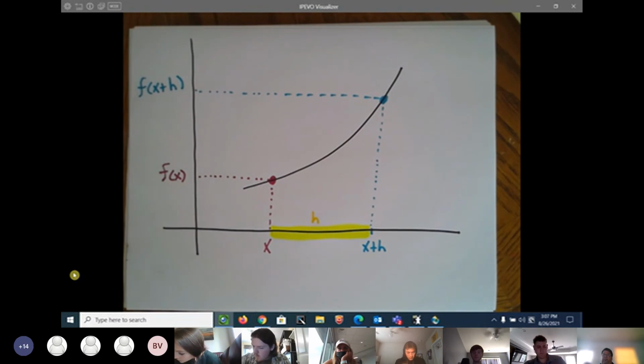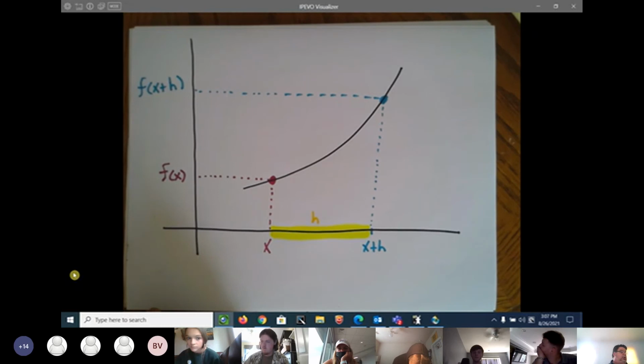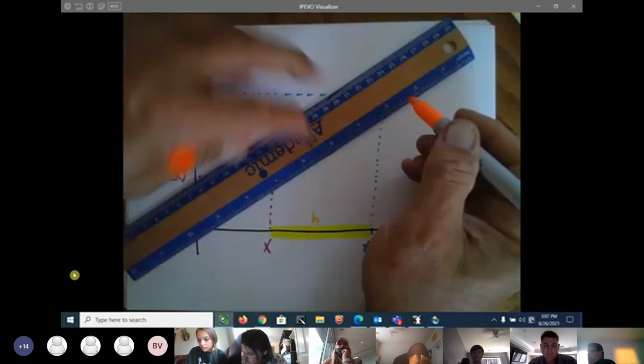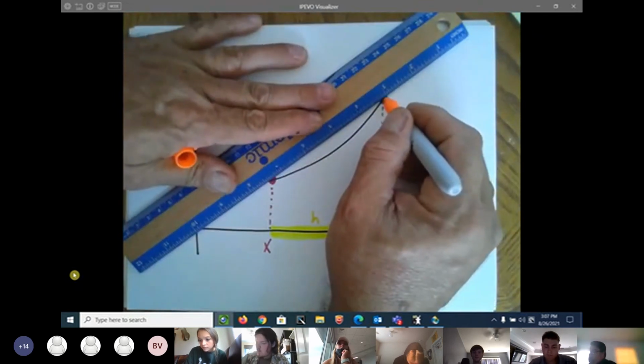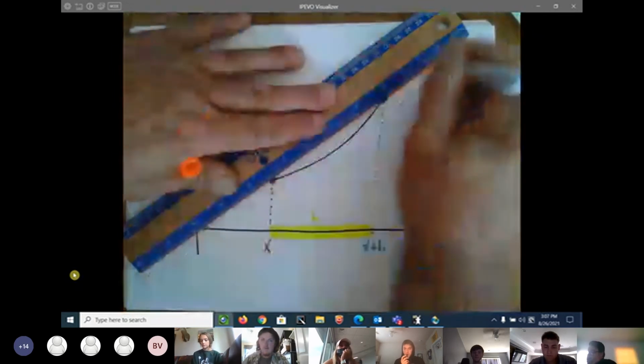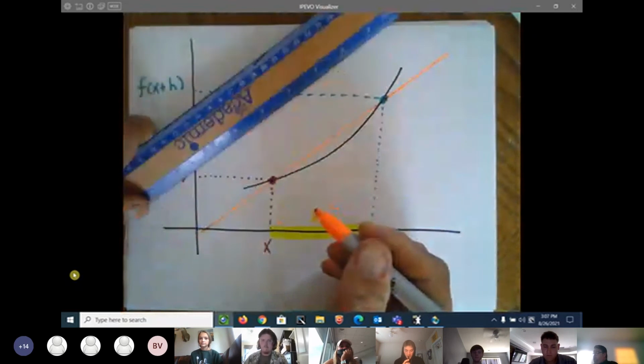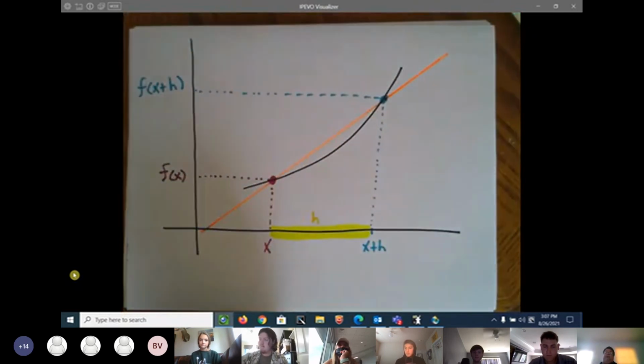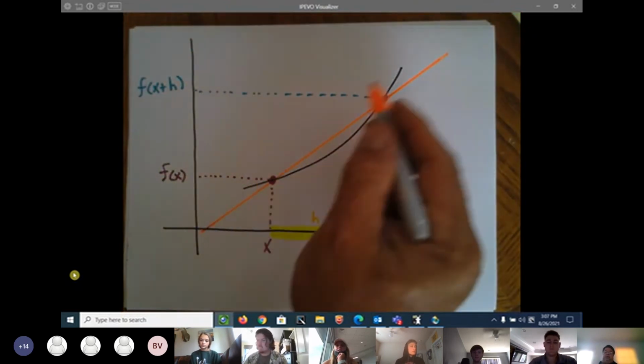Now here's the kicker. I'm going to take an orange color and my straight edge. And I'm going to draw a line between those two dots.